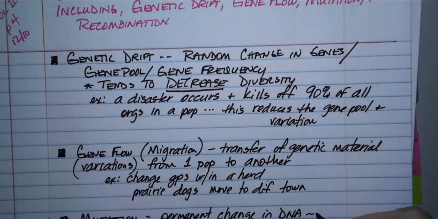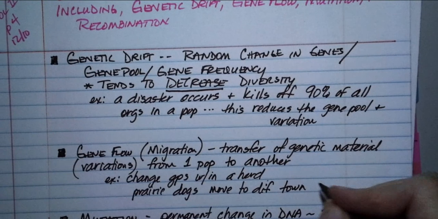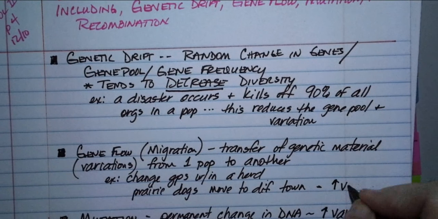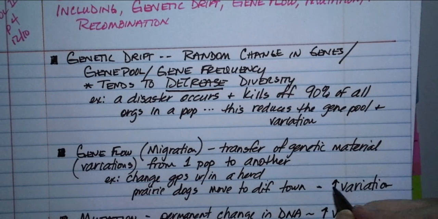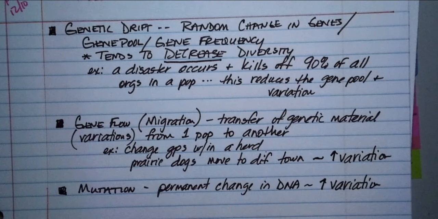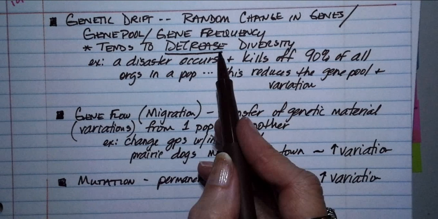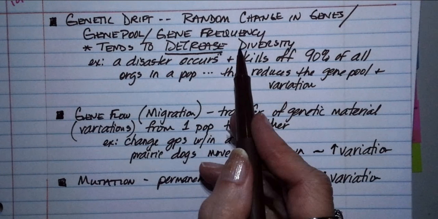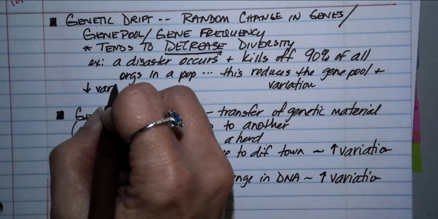This is also going to increase variation. Genetic drift doesn't increase variation. That's the one where we tend to kill off a lot of stuff. But these two increase variation. This one decreases diversity or variation. So I'm going to put down here decrease variation. I'm going to use the same word on each one. Diversity, variation, same thing, right? Yes, no? You guys get that? Okay.